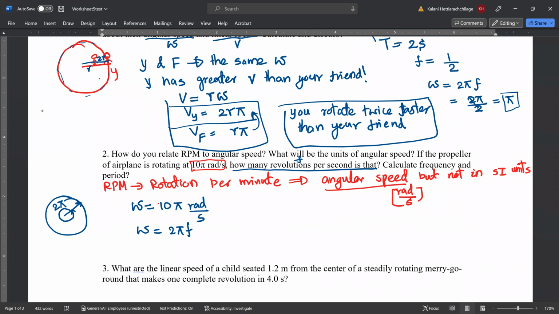So I'm going to answer this question. Okay, so frequency is what the question is asking. Now frequency equals omega over 2 pi. That means 10 pi divided by 2 pi, and then you see that it is just 5 per second. Okay, units is hertz.